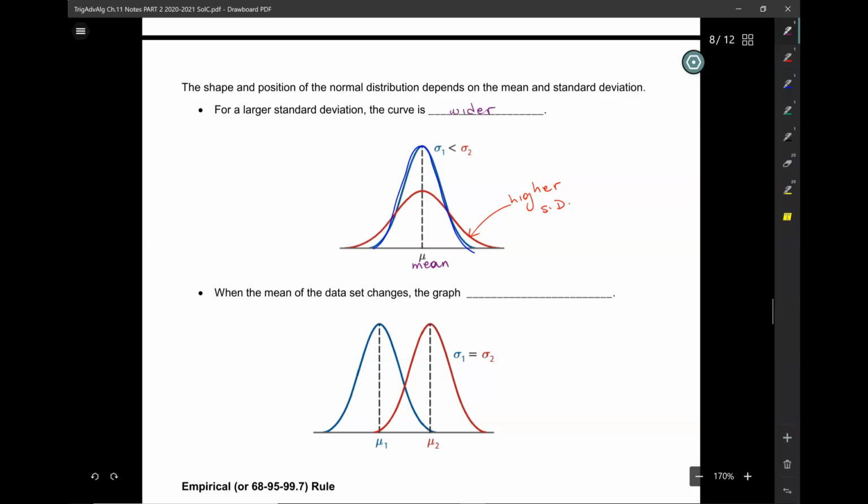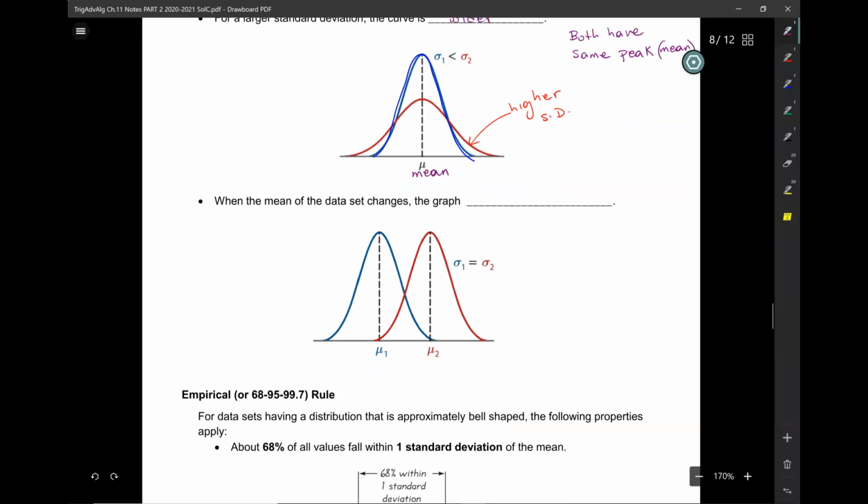Notice they both have the same peak, which is the mean, but the one with the higher standard deviation is a little bit wider.